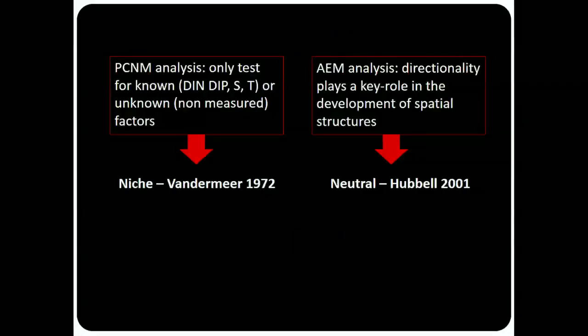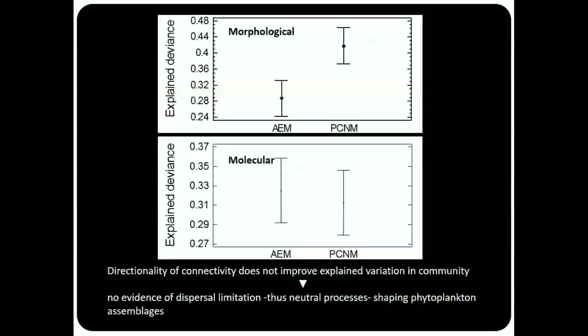So we hypothesize that the PCNM analysis will basically show us whether the environment plays a role in structuring phytoplankton assemblages. But then, in the AEM analysis, which adds this extra component of connectivity, if this manages to explain more variation in our community variation, then this means that the role of dispersal might be important as well, pointing to neutral theory.